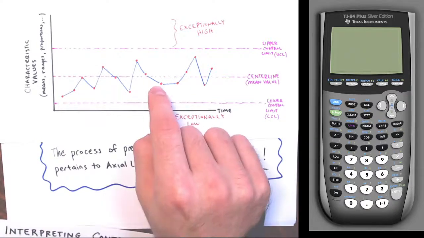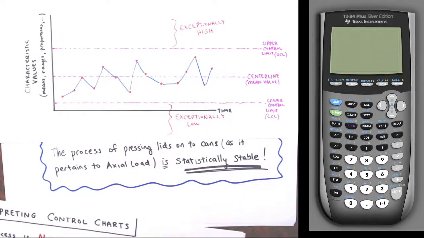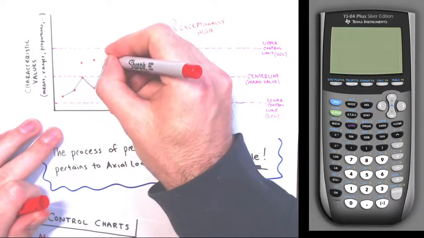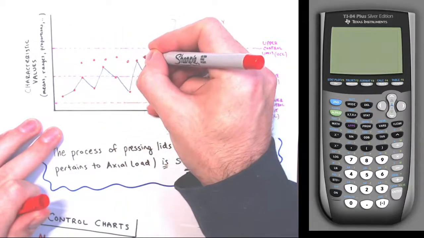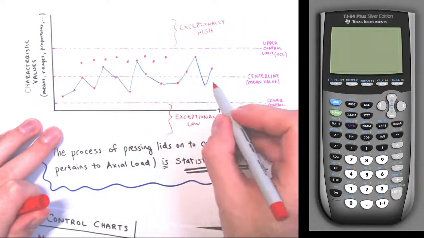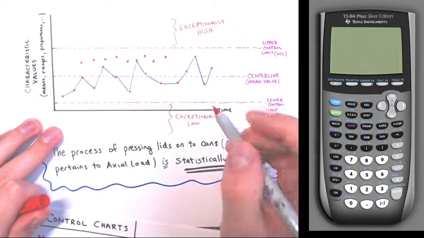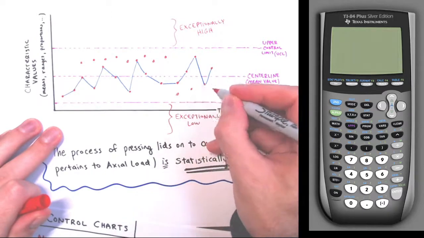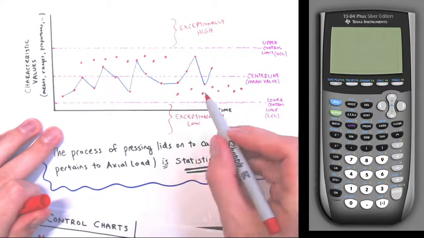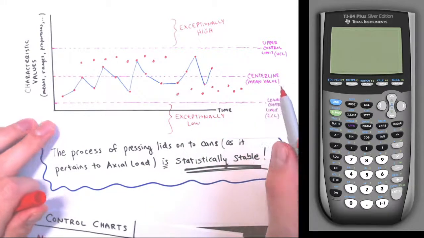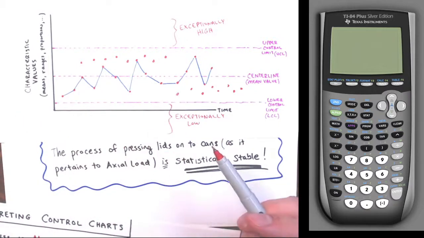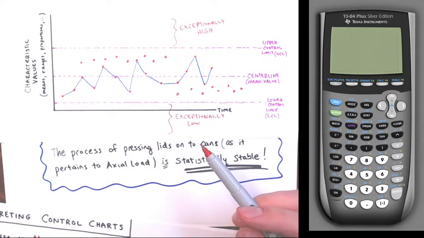If you ever get a run that looked like this, where I had 8 consecutive points all above the center line, or 8 consecutive points all below the center line, like that, then the probability of that occurring is very, very low.